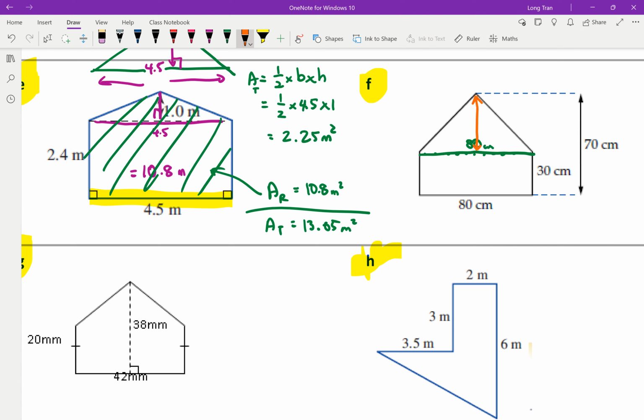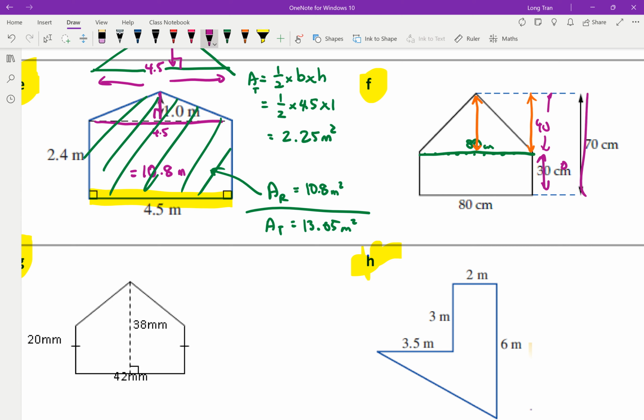What you do know is that from the very top to the very bottom is 70 centimeters. And then you know that from here to here is only 30. So what's the leftover to make it 70? If this is 30, then how much more do you need to make 70? So that means that this height has to be 40. See, 30 here, 40 there.